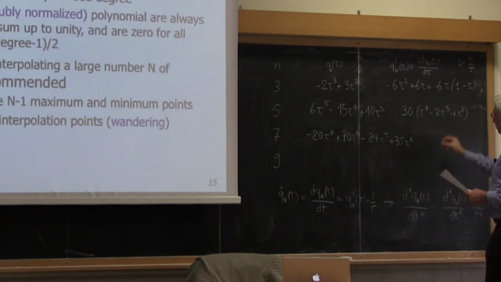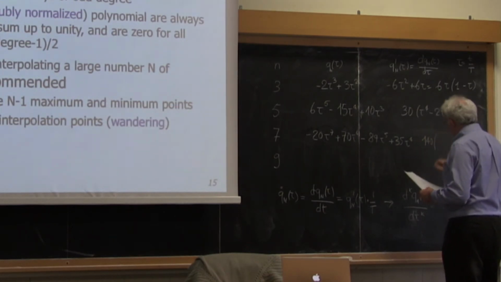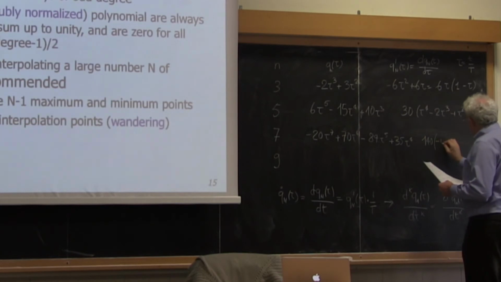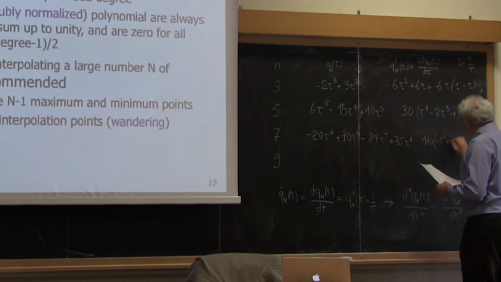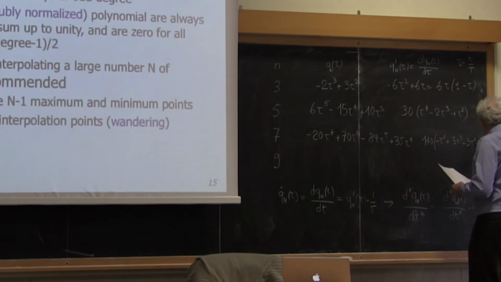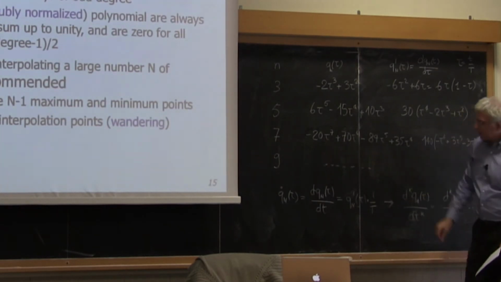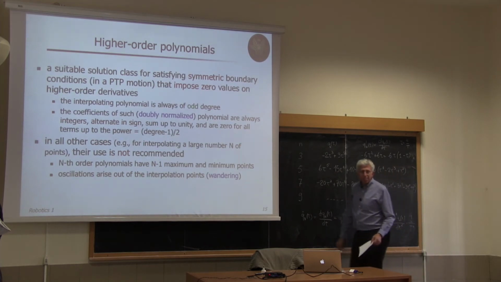And the first derivative is just 140 times minus tau to the sixth plus 3 tau to the fifth minus 3 tau to the fourth plus tau cubed. Okay, and so on and so on. So this is a very nice property, no?